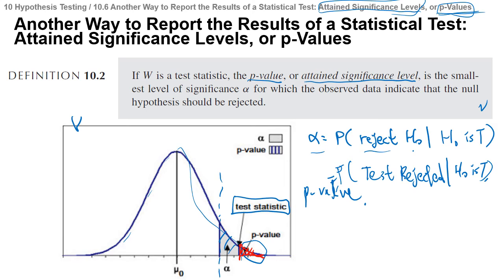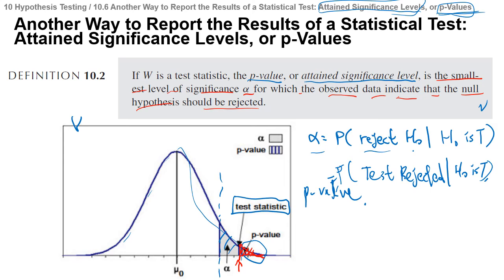So we can say that this is the smallest level of significance alpha for which the observed data indicate the null hypothesis should be rejected. If alpha is at this level, then we can still reject the null hypothesis.